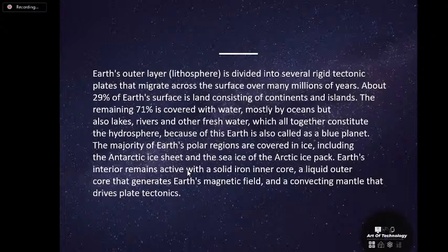The remaining 71% is covered with water, mostly by oceans but also lakes, rivers, and other fresh water, which altogether constitute the hydrosphere. Because of this, Earth is also called a blue planet.